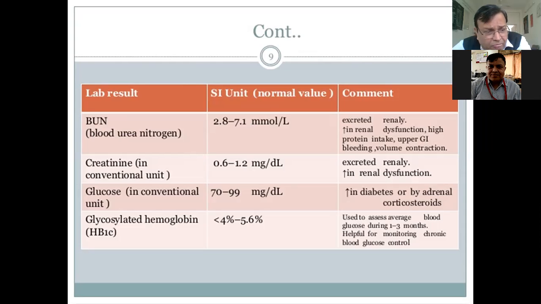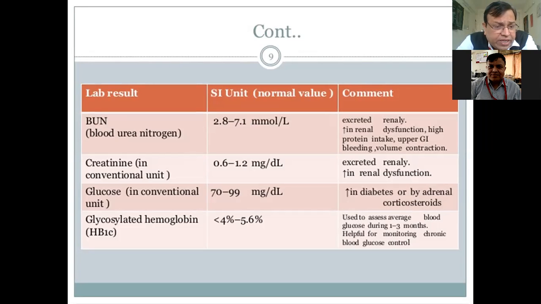A majority of people are suffering from diabetes, type 1 and type 2, that is insulin dependent or insulin non dependent diabetes, and this test is very common for them.